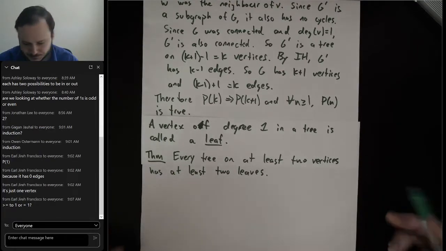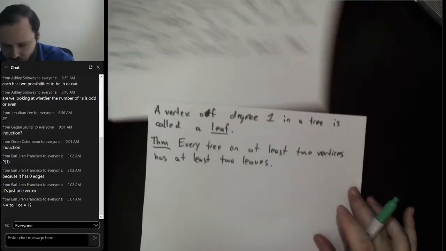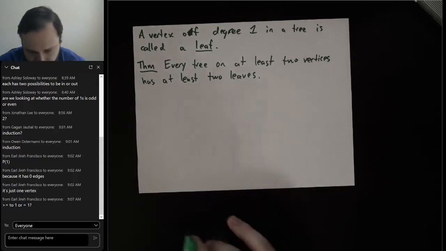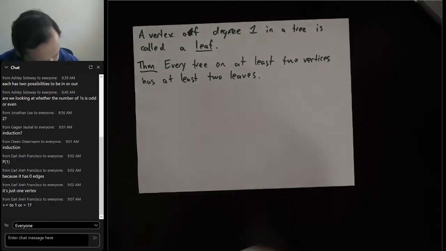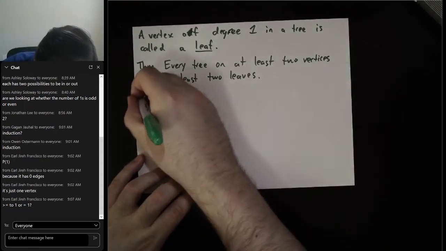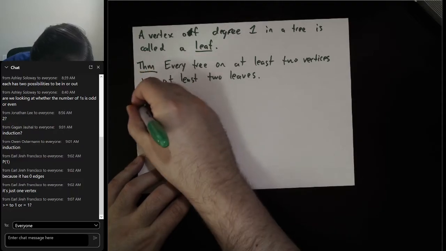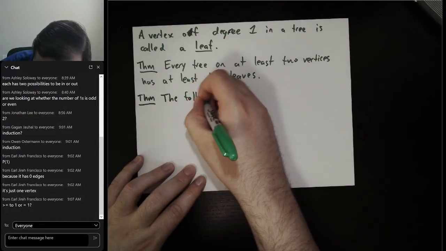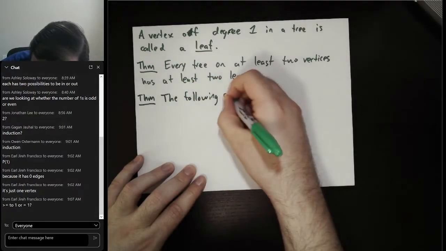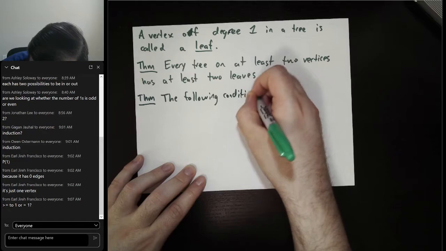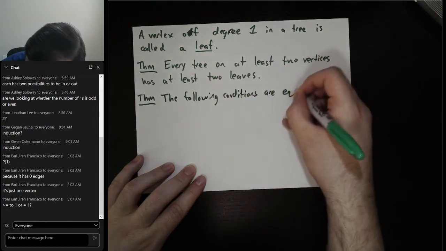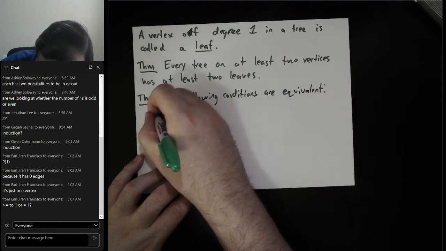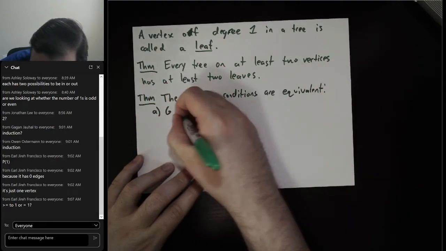Okay. And so the last thing I will prove about trees is another structural theorem. Theorem: the following conditions are equivalent. A, G is a tree.